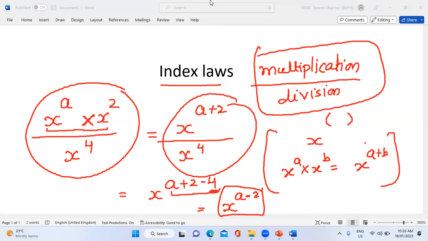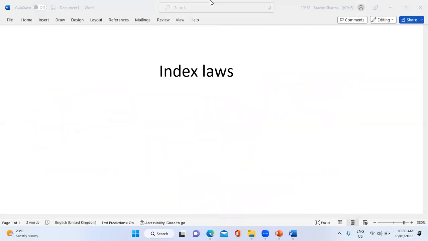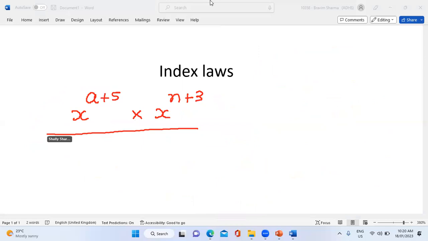Okay. Now there will be many other types of questions also possible. For example, I have x to the power of a plus 5 times x to the power of n plus 3, divided by x to the power of 3 times x to the power of n minus 5 plus 4a. Here also you can apply the laws step by step.